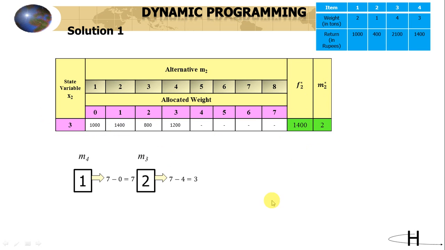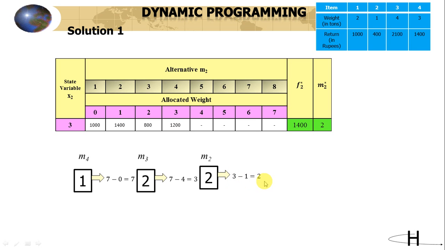That value 1400 is for the allocated weight of 1. So when I allocate 1 ton weight, the remaining weight with me is 3 minus 1 equal to 2.